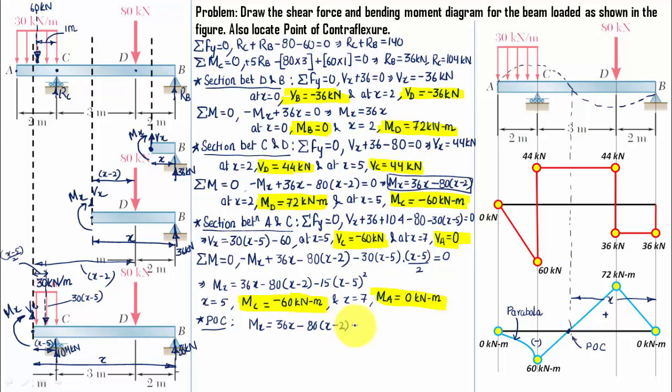We are going to put this equal to 0, since the value of bending moment at this point is equal to 0, and correspondingly we will be getting the value of x. And if you just try to solve this equation, you can do that pretty easily. The value of x will be equal to 3.64 meters. So this is the value of x, which is equal to 3.64 meters. So that was the point of contraflexure where the bending moment changes its sign.